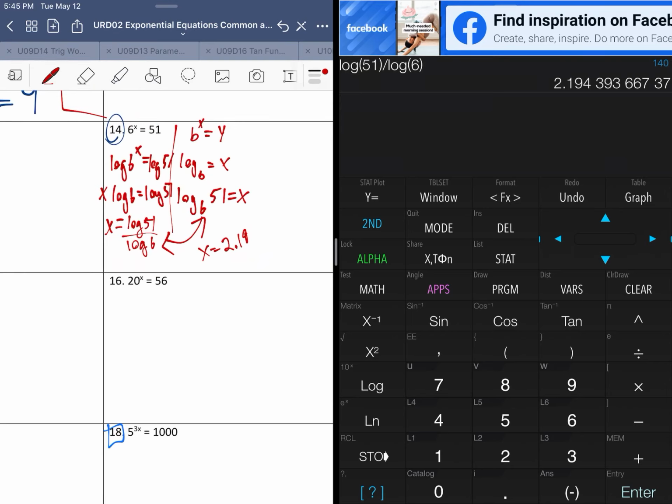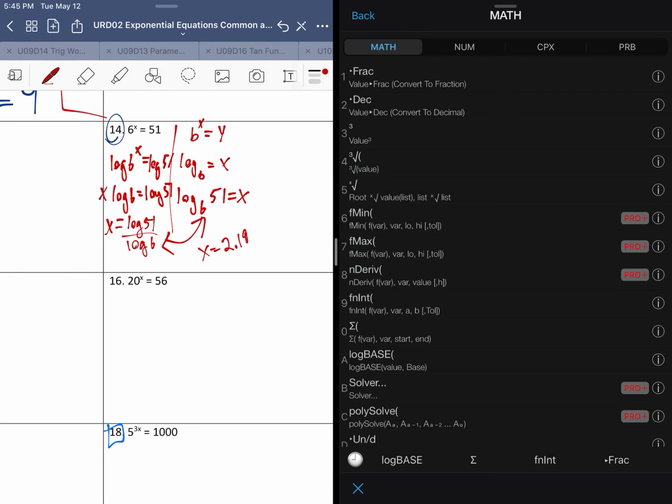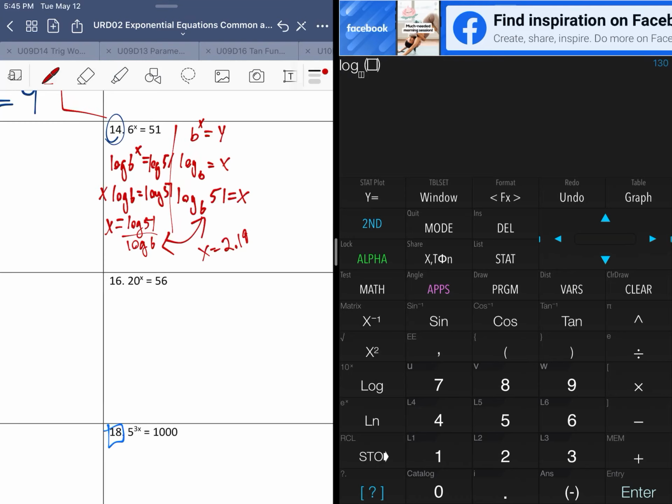I'm going to go to 2 decimal places, and I'm going to recommend you do that as well for all these problems. If I were to do it with log base, I have to go to math. If your calculator has log base, it's in the math section. I'm going to type in the base is 6, and I want to get 51, and that should give us the same value of 2.19.